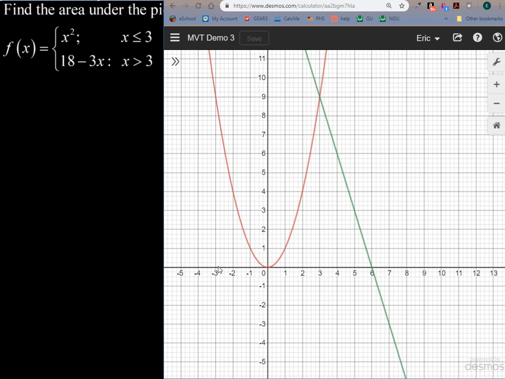There is a way in Desmos to actually write a piecewise function. I've done it before, but I can't remember exactly what that is.